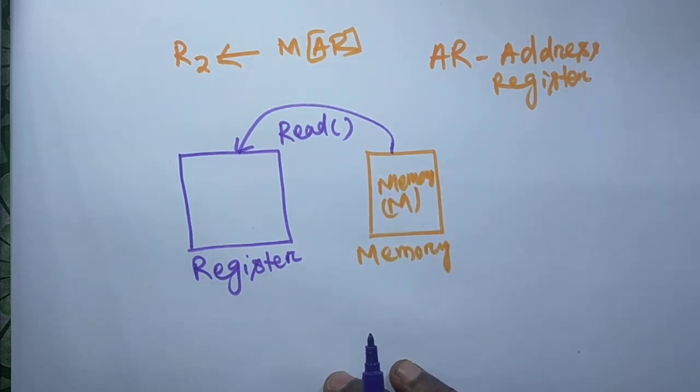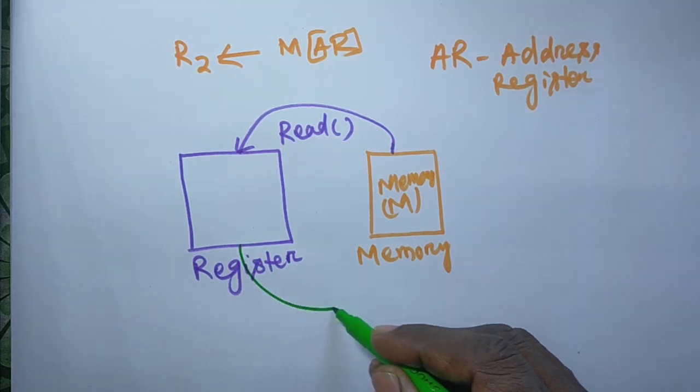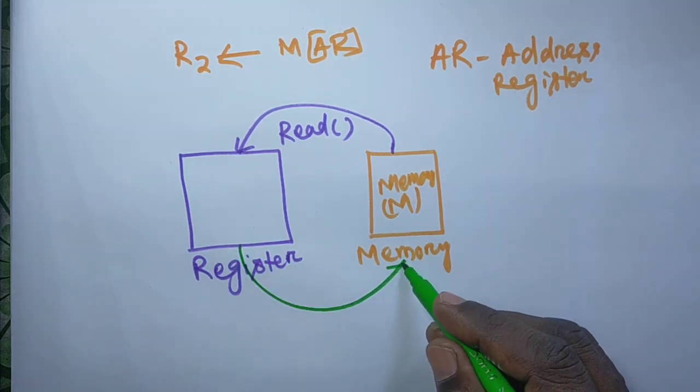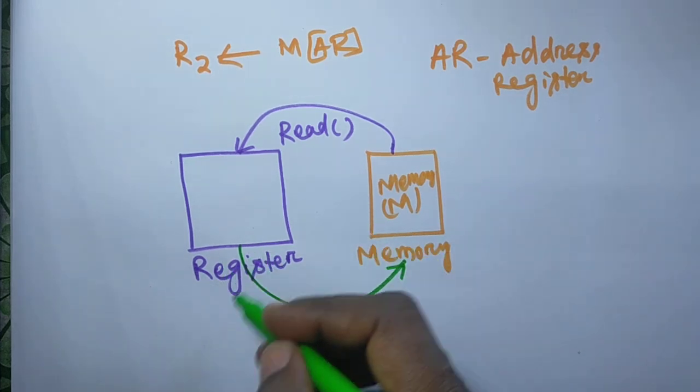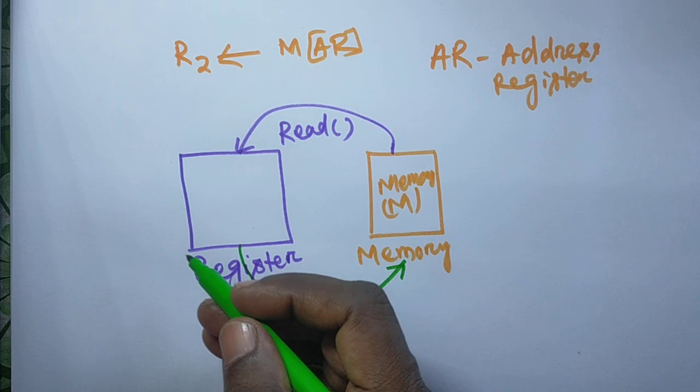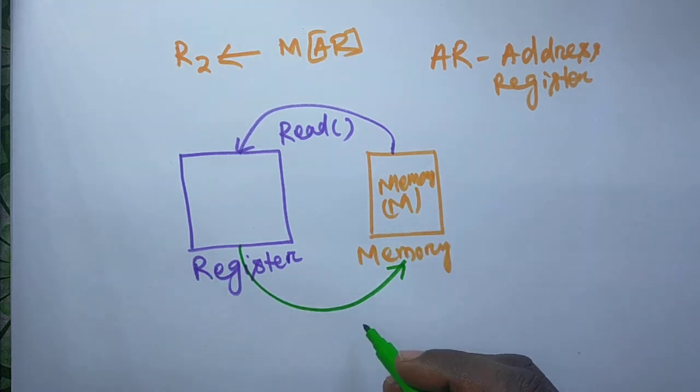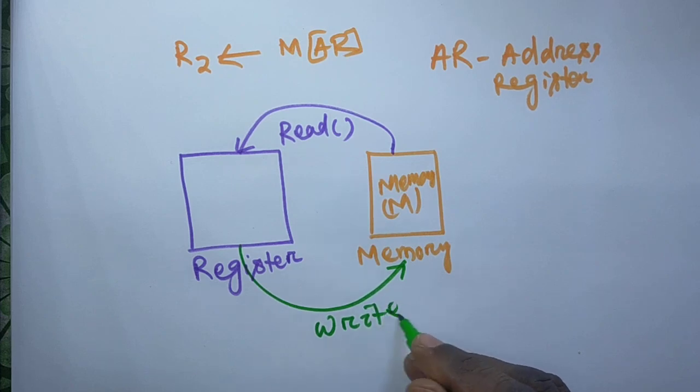If data is transferred the other way, from register to memory, that means we collect the data from the register and store it in memory, then we can use the write operation.